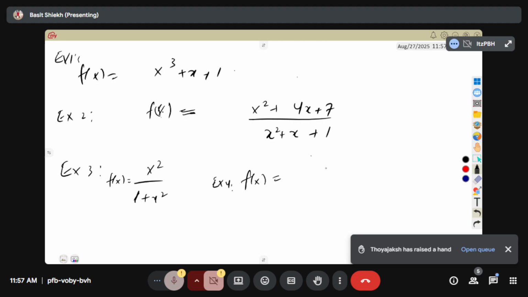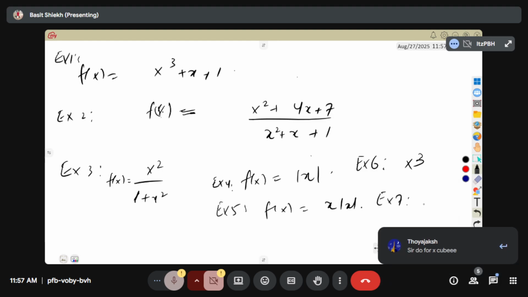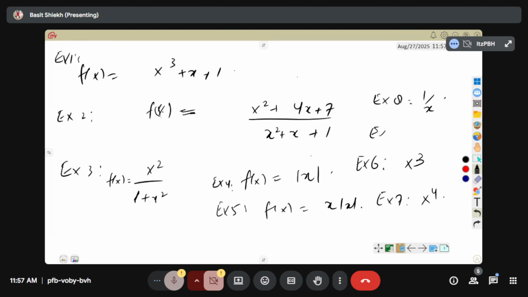Example 4: f(x) = mod x. Example 5: f(x) = x mod x. Also x³, x to the power 4, 1 upon x, 1 upon x², e to the power x, e to the power x².